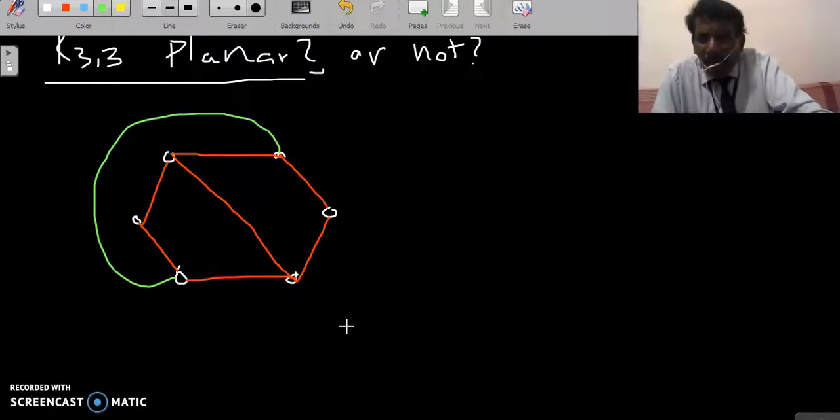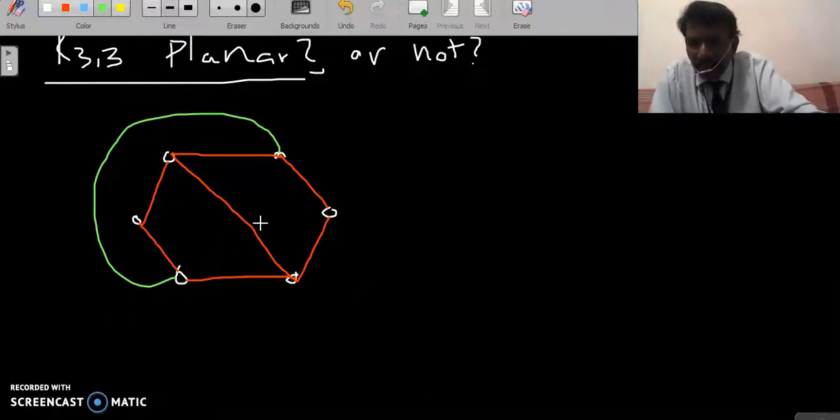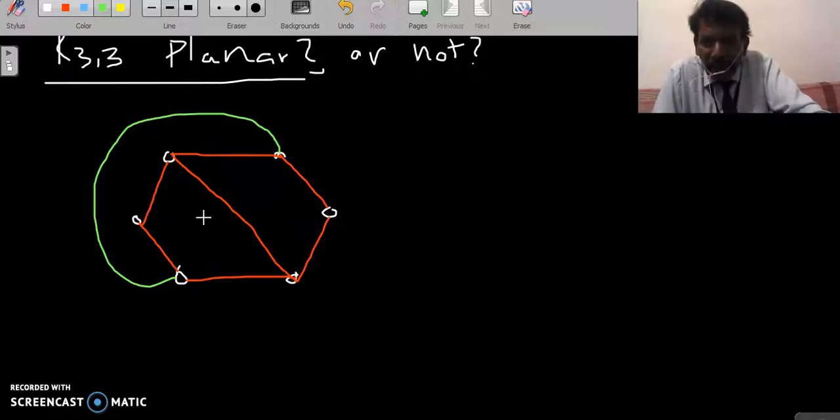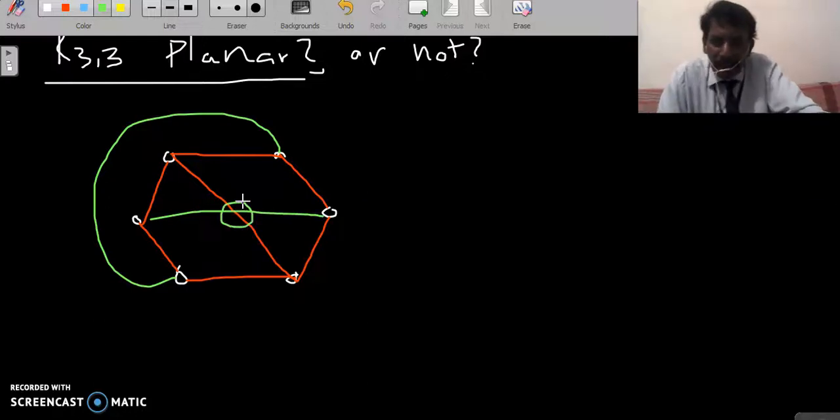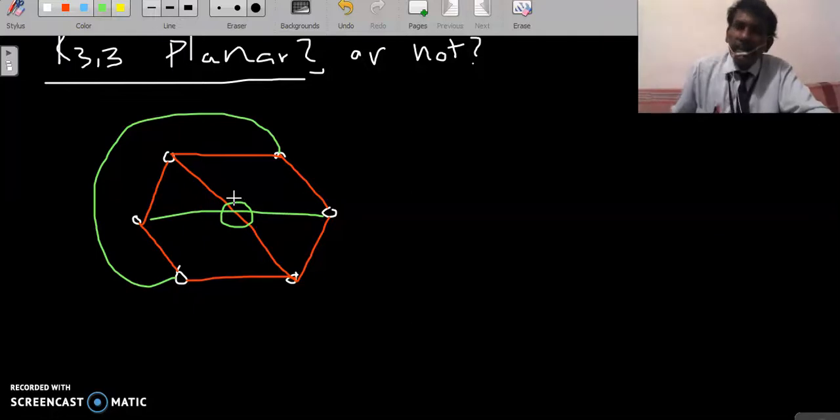This and this we have to join without intersecting other edges, but there is no edge that can join here without intersecting. We cannot draw it from here to here, it is intersecting, so it is impossible.